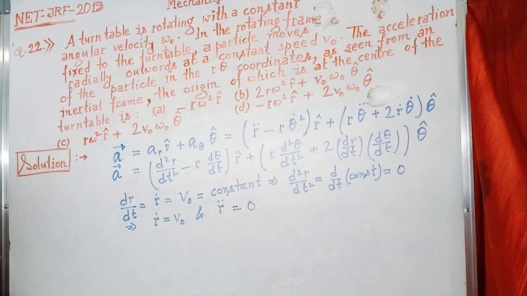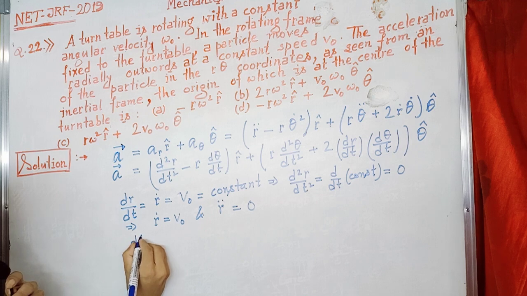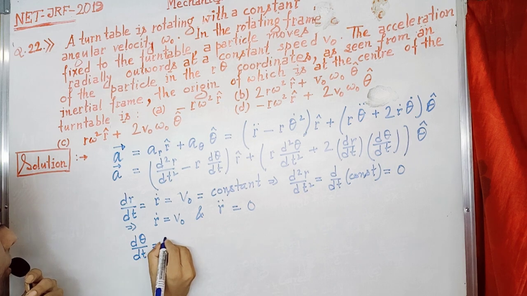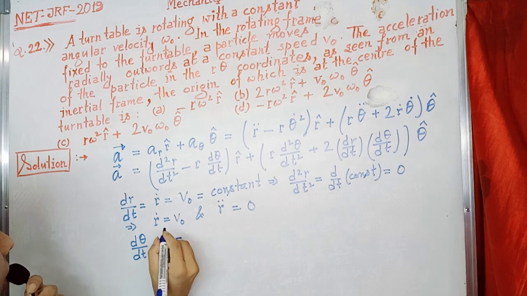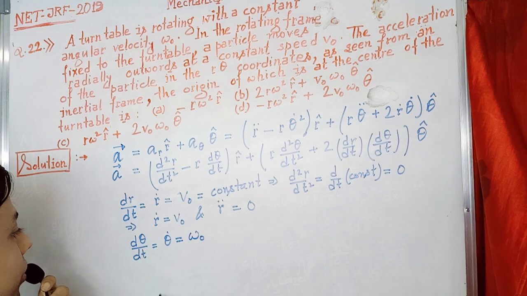Again, the angular velocity d theta with respect to dt is given in our question as omega naught.